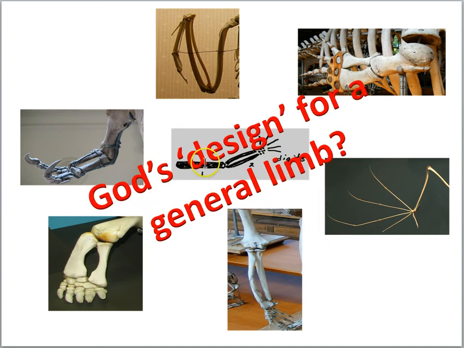And so perhaps God had a design for a general limb in God's mind, and when God was making limbs of different species, he just tweaked the limb to generate differences that would be adaptive for their particular lifestyle, but still shared the underlying bone structure, the one bone, two bone, digits pattern. So the special creation hypothesis had an explanation that this revealed God's design plan.